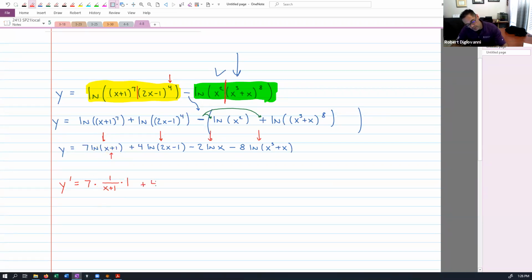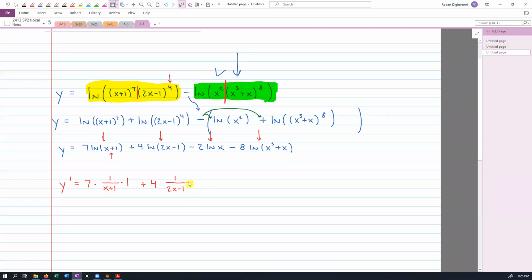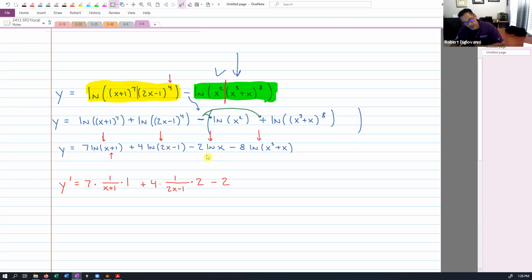Plus, okay, 4 comes for the ride. Derivative of natural log of 2x minus 1 is 1 over 2x minus 1 times what? 2, the derivative of what's in here. Okay, move on. Minus 2. Okay, derivative of natural log of x is just 1 over x.